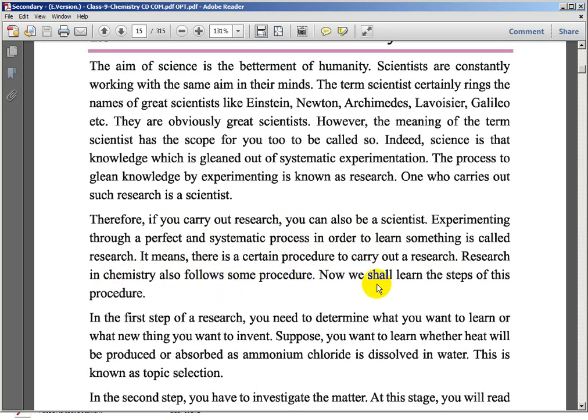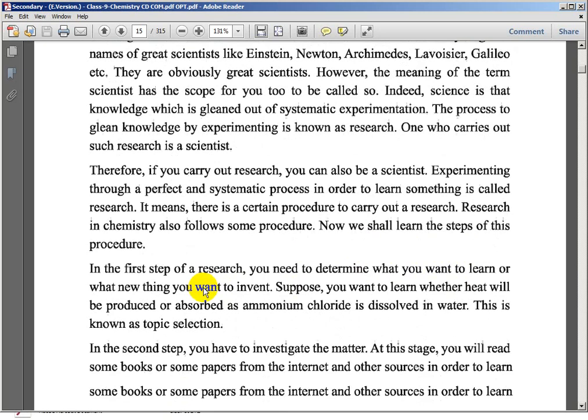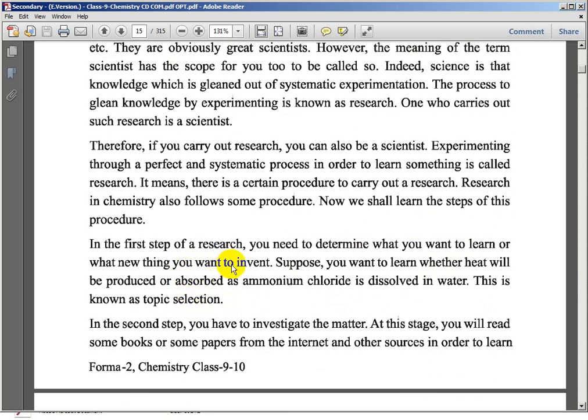Now we shall learn the steps of this procedure. In the first step of research, you need to determine what you want to learn, or what new things you want to invent.